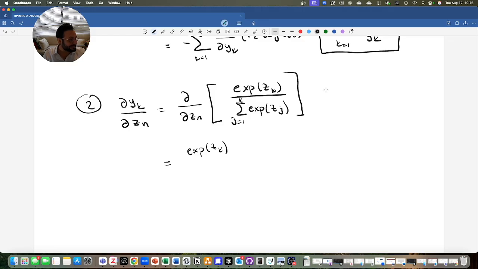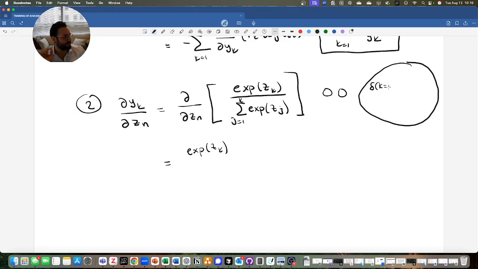And there exists, let me open up a thought bubble here, there exists a function that represents that, the delta function. So the delta function takes as input some statement, true or false, and it gives you 1 if k equals n, or 0 otherwise.